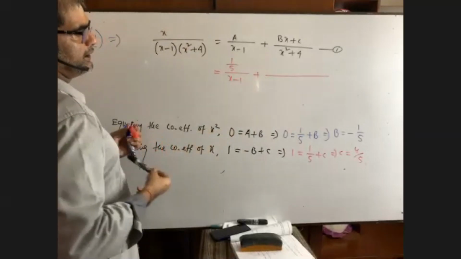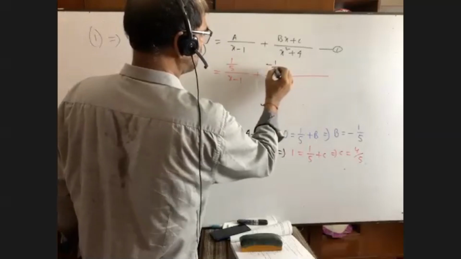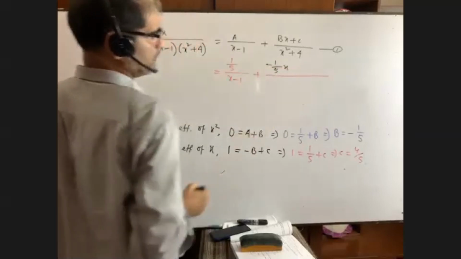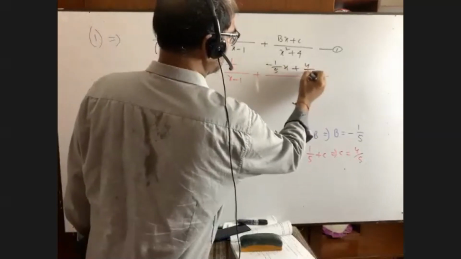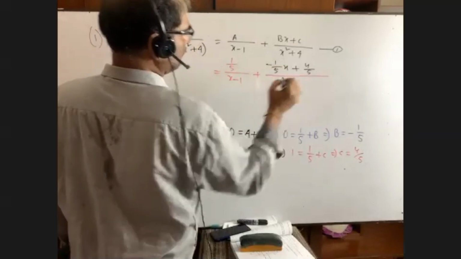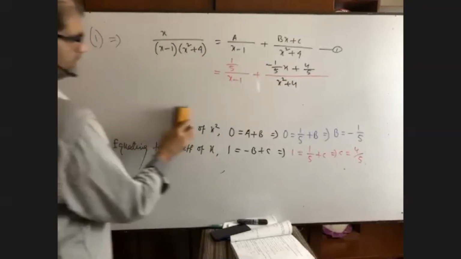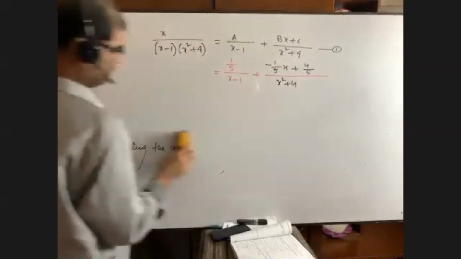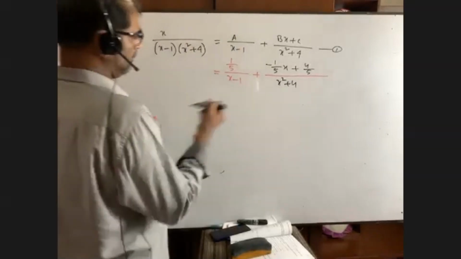Write down b equals to minus 1 by 5 x. And c equals to what? 4 by 5. It is x square plus 4. Now we can calculate it. I have just put the values. Now it depends on you.